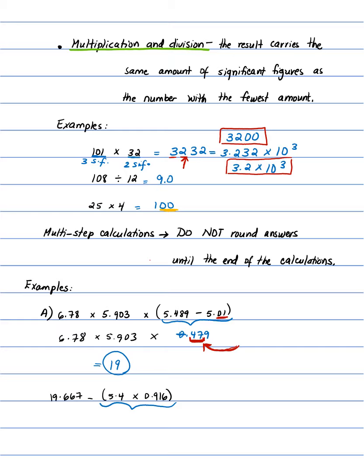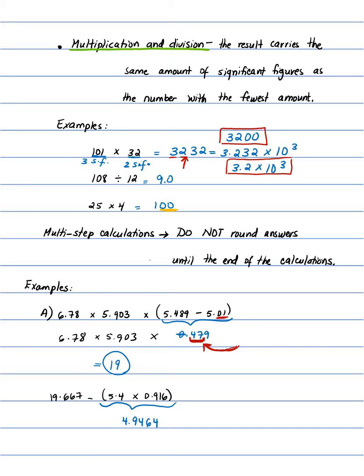Second example, what I have first, it's a multiplication. So 5.4 times 0.916. I'm going to write down the whole number, everything that I have in the calculator, 4.9464. Now, that's a multiplication.